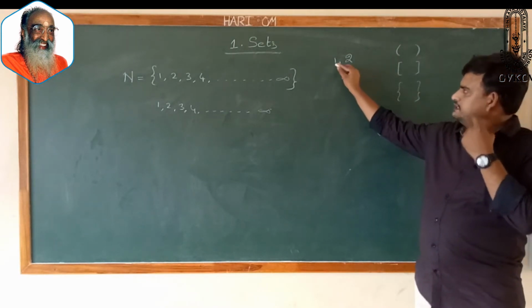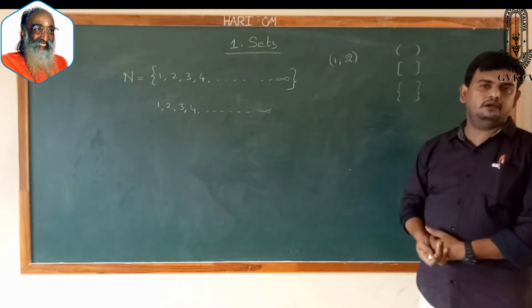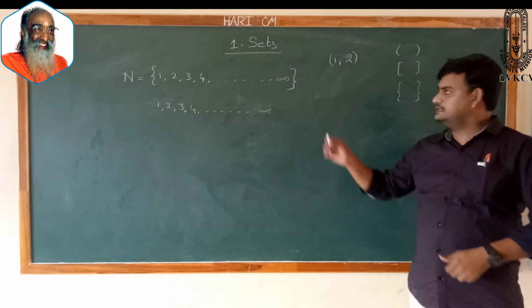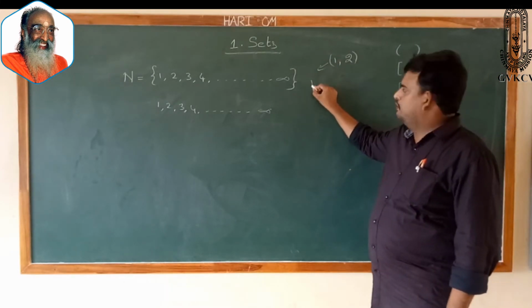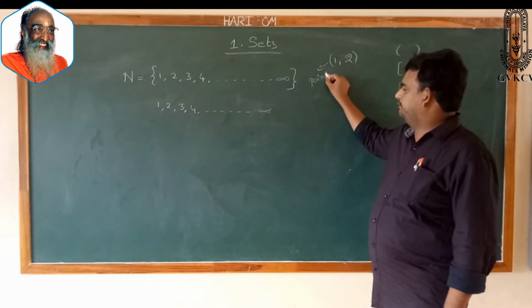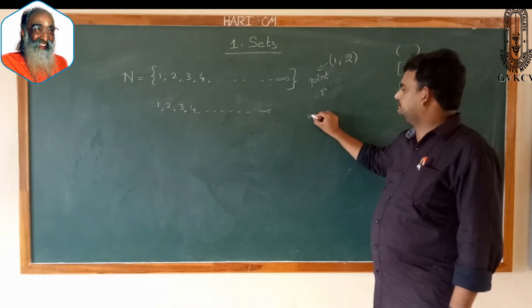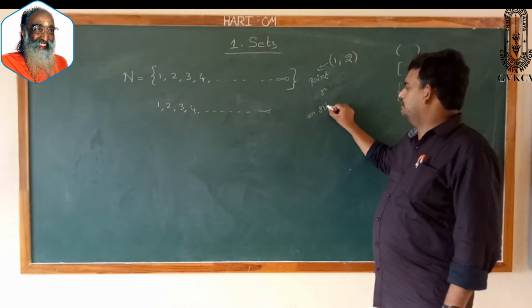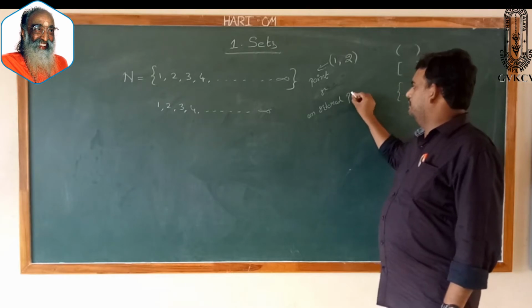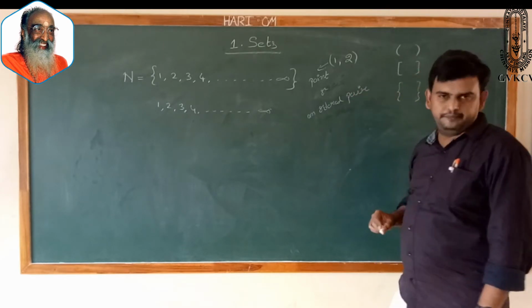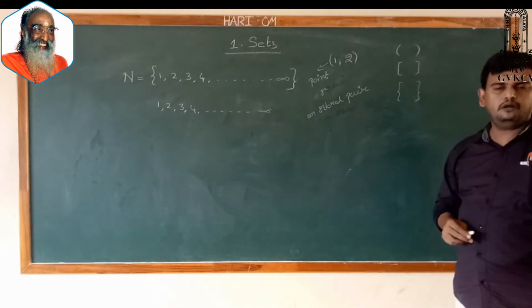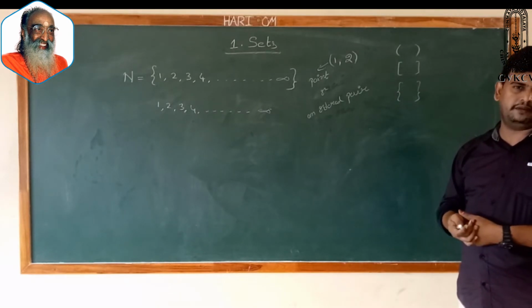Now if I represent these two numbers within small brackets, this representation is called a point or an ordered pair.